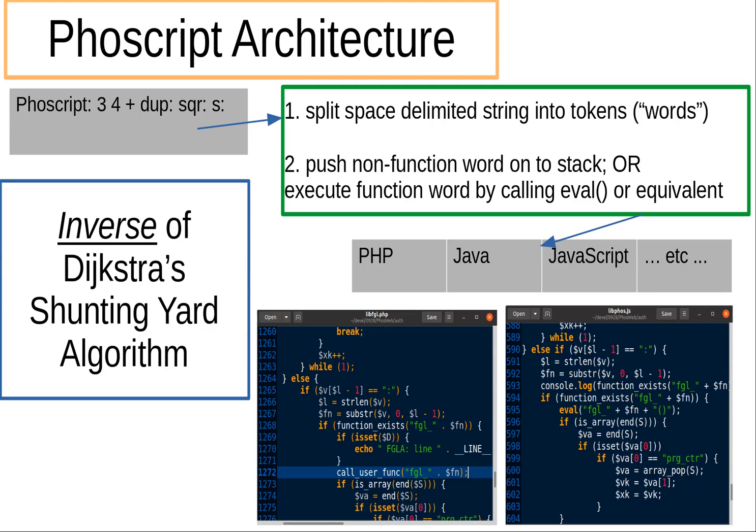Secondly, pushing non-function word or token onto the stack, or executing the function in the host programming language by calling call user func in PHP at line 1272 on the screen, or eval in JavaScript in line 595.